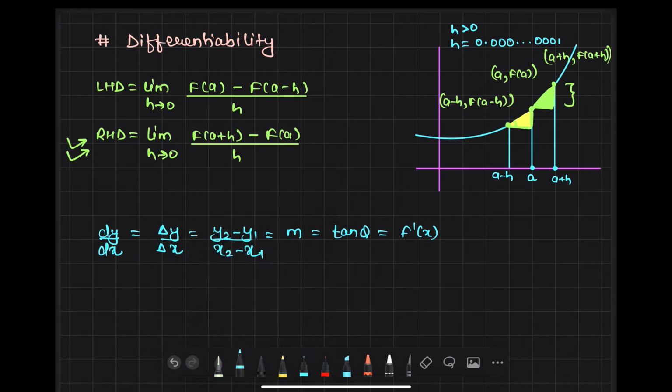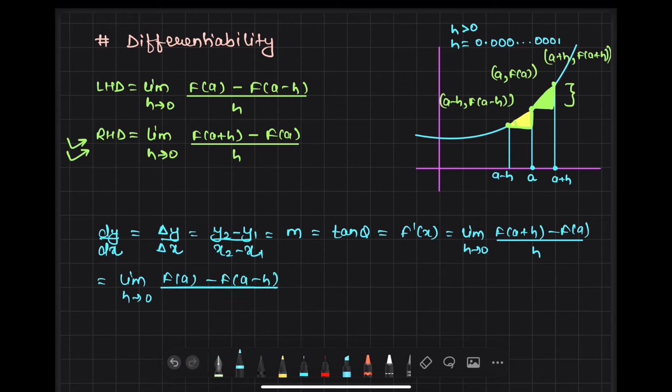You can also include this: limit h tends to 0 f of a plus h minus f of a upon h, and also equal to limit h tends to 0 f of a minus f of a minus h upon h. So this is the idea of differentiability.